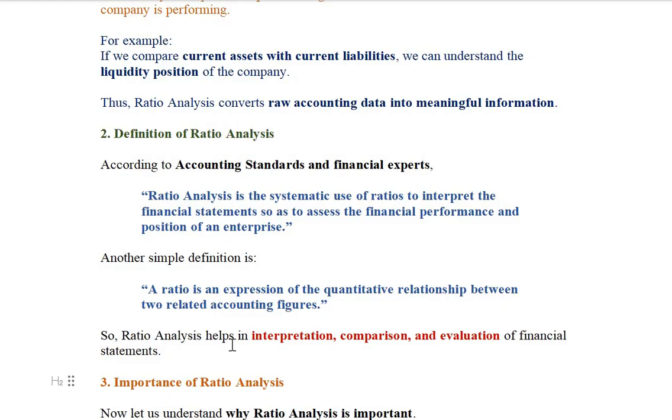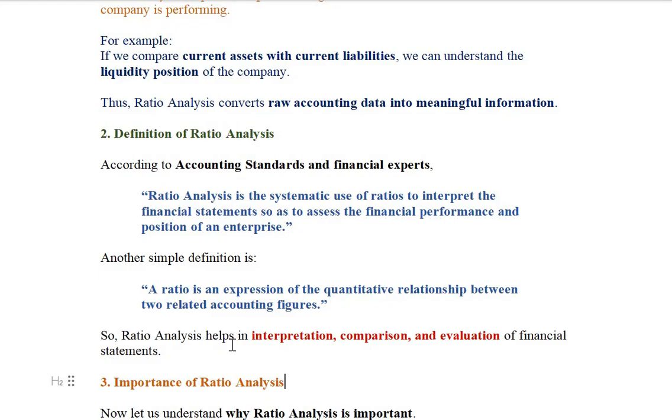In a simple definition, a ratio is an expression of a quantitative relation between two related accounting figures. That is, ratio means finding the proportion between two numerical variables available in your financial statement, or the numerical relationship between two related accounting or financial variables.